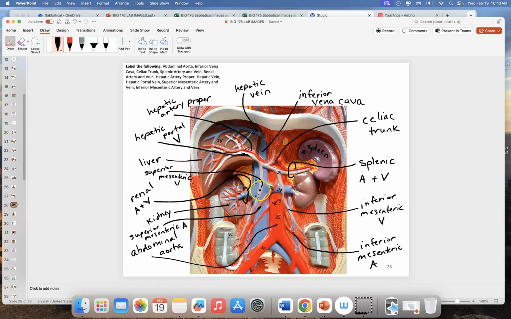The reason why these veins have that slightly different coloration to them is because it denotes that they are part of that hepatic portal system. And again, we'll talk more fully about that hepatic portal system when we get to digestive. This is a nice introduction, though, to the vessels, the key players that we're going to see in that system.